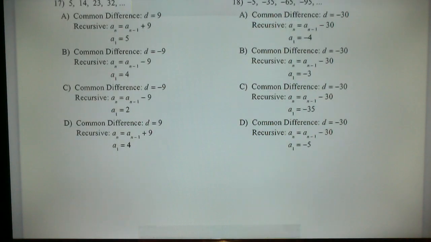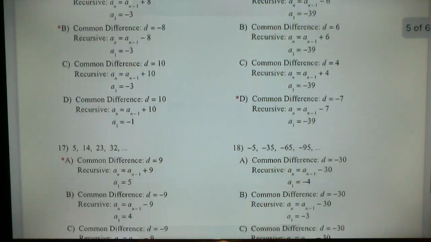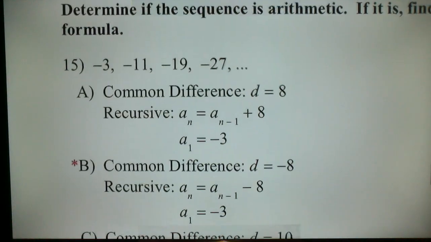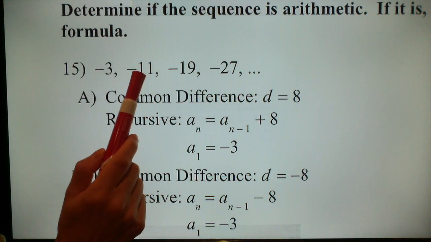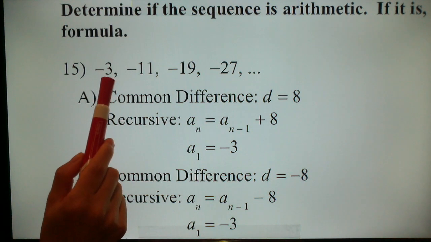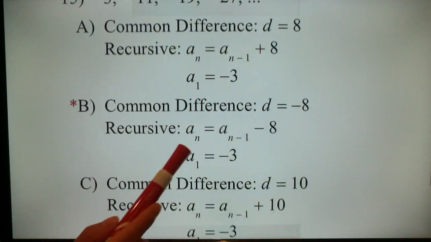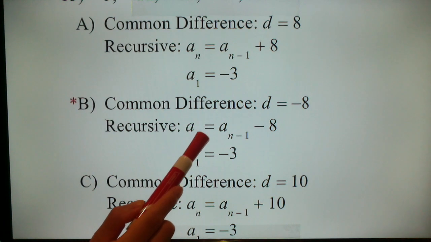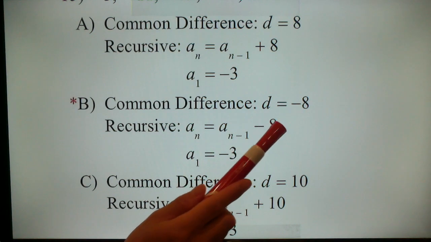So let's look at 15. If you see this sequence, what is the common difference? Can you tell? Negative 8 is the common difference, right? And the recursive form is you just put A1, and AN equals AN minus 1, subtract 8.